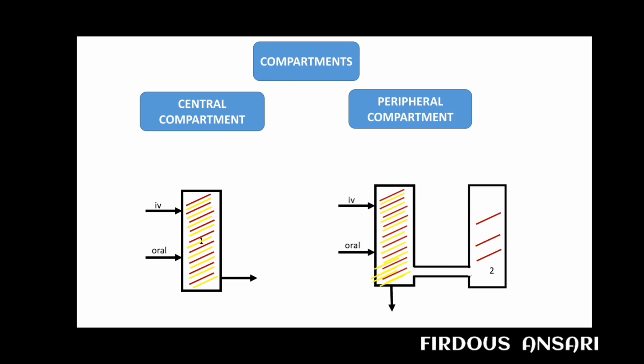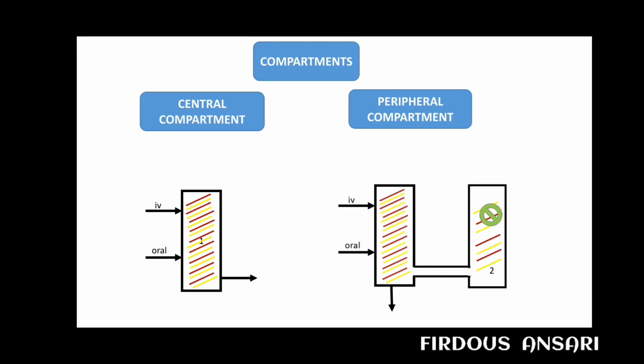Okay, so if we consider just one compartment, then we can study just the absorption of the drug and elimination of the drug. But if we consider a multi-compartment model, then here we can consider the absorption of the drug, the distribution of the drug.